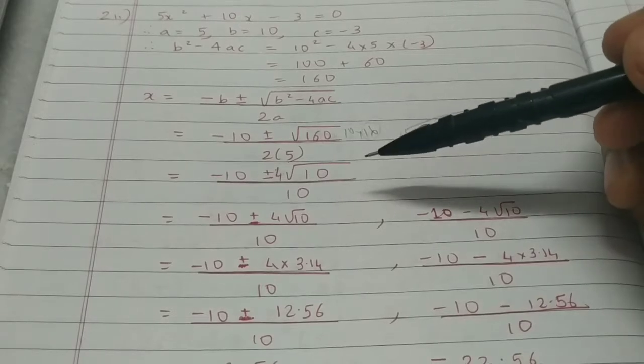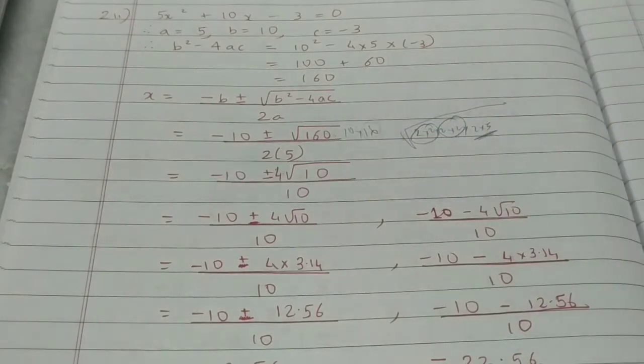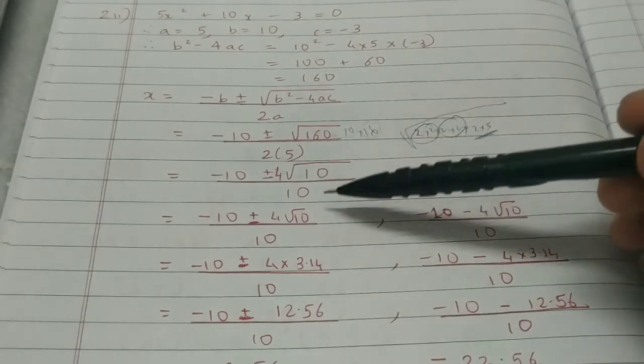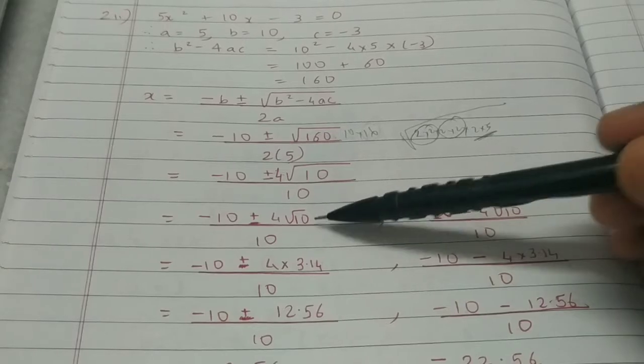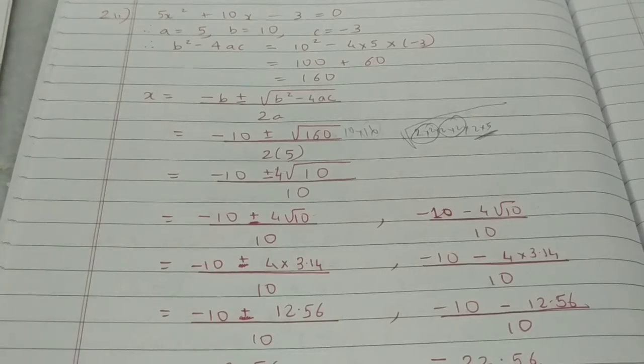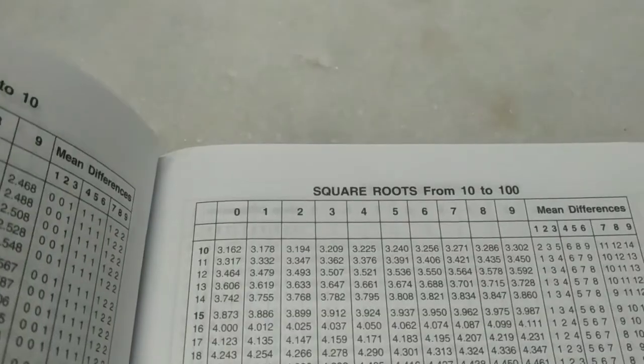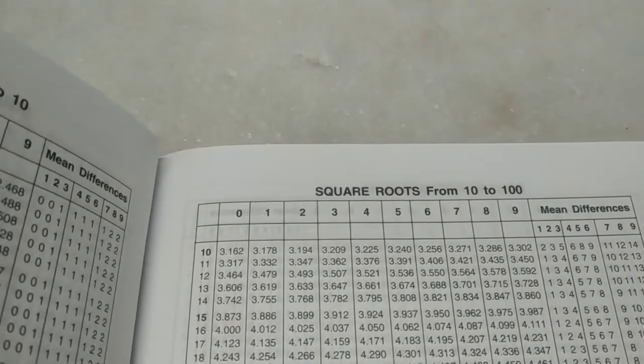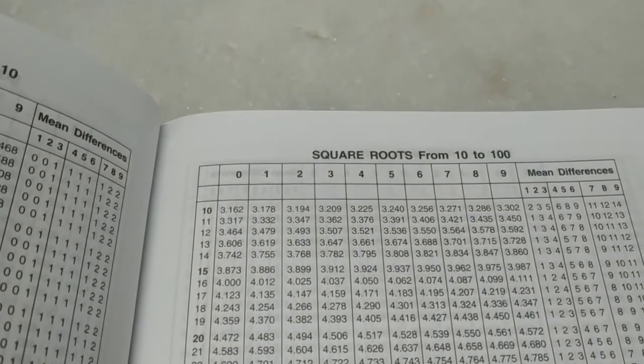Now here they want the answer in decimal, but accurate up to 1 decimal place. So you substitute the value of root 10, accurate up to 2 decimal places, 3.14. How do we find the decimal value of any square root? Well, the logbook will be given to you in exams.